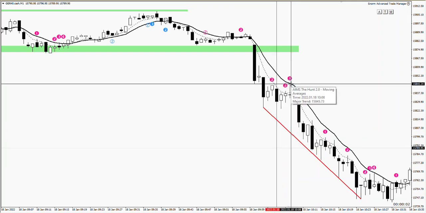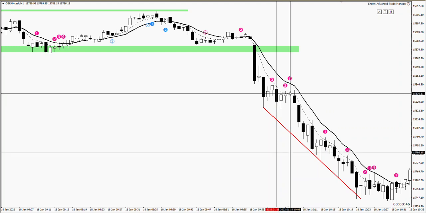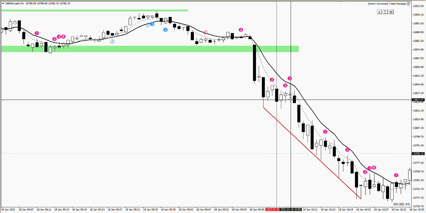So it poked it, got rejected, and I have a cherry signal. A cherry signal is usually a pin bar or a doji. In this case, it's kind of a doji, but you can see that the open and close are very close to each other. And you have a wick, which is a rejection, and I have a three signal. 1, 2, and 3 signals are high probability.